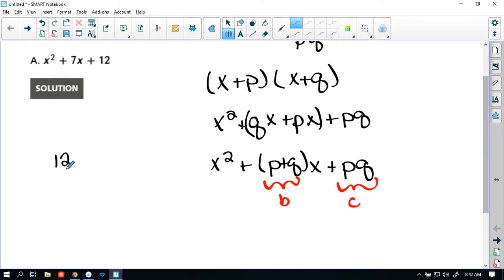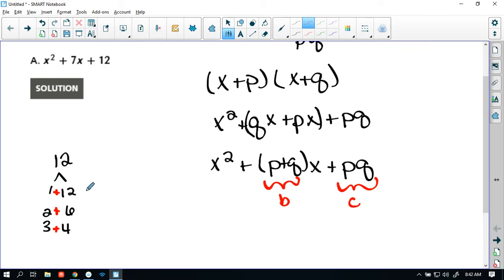This is a positive 12. It does take the sign above. So we're going to have 1 and 12, 2 and 6, 3 and 4. 5 does not go into 12, and we already have 6 covered. So these are the factors that multiply to get us 12, but we're going to see now what we could add to get us 7.